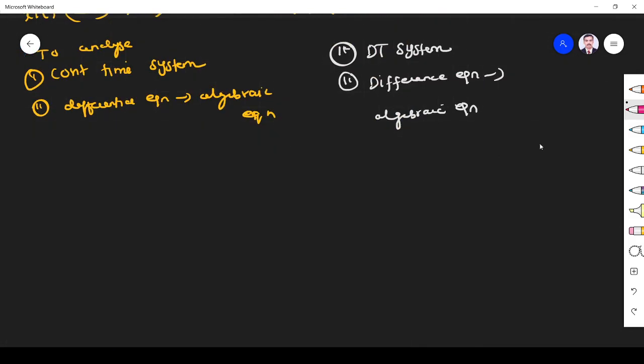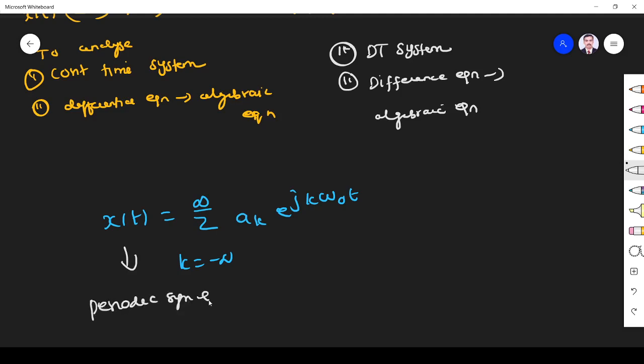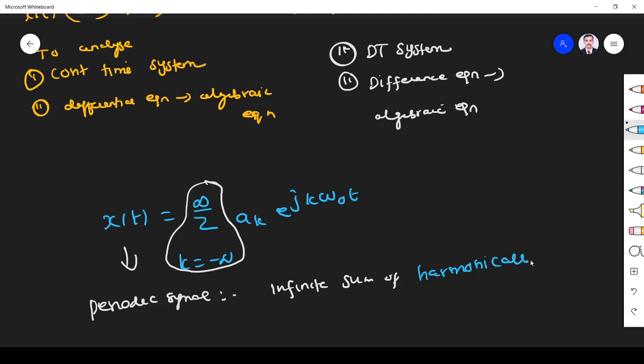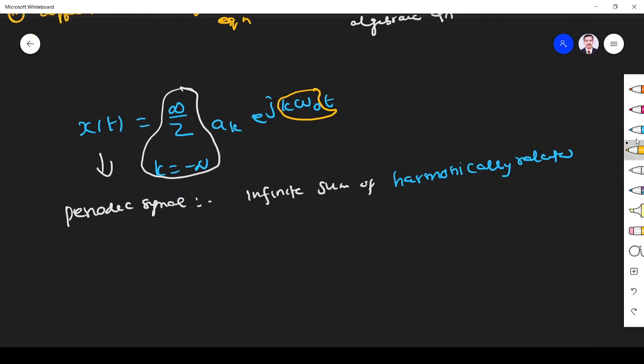Another thing you must remember is the Fourier series. Exponential Fourier series states that any periodic signal x of t can be written as an infinite sum of harmonically related complex exponentials.